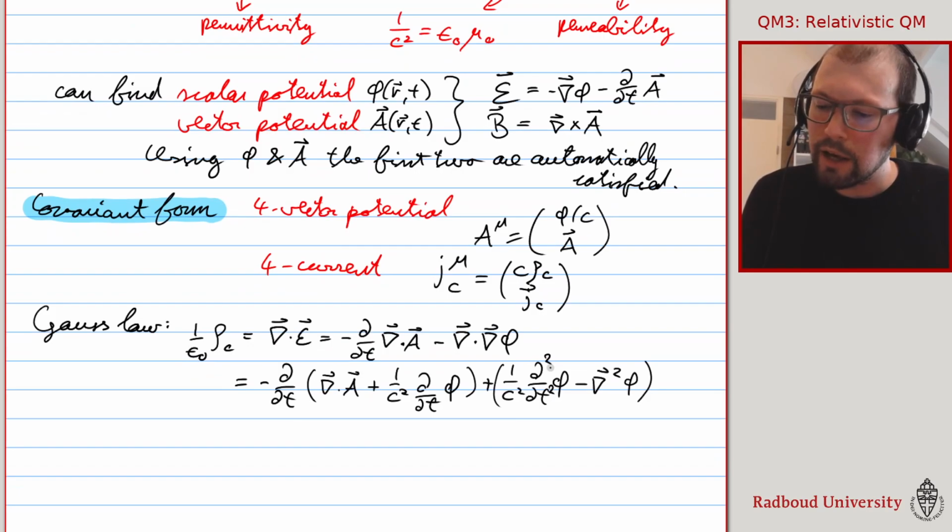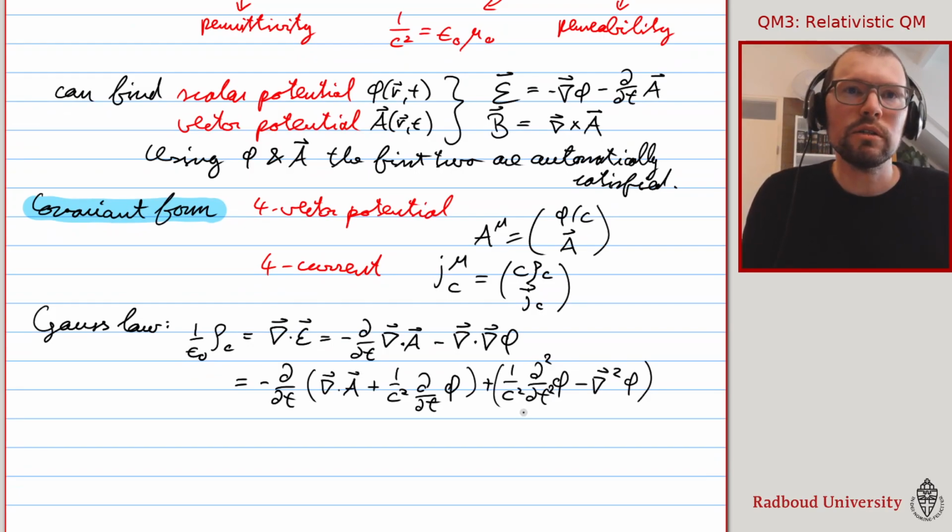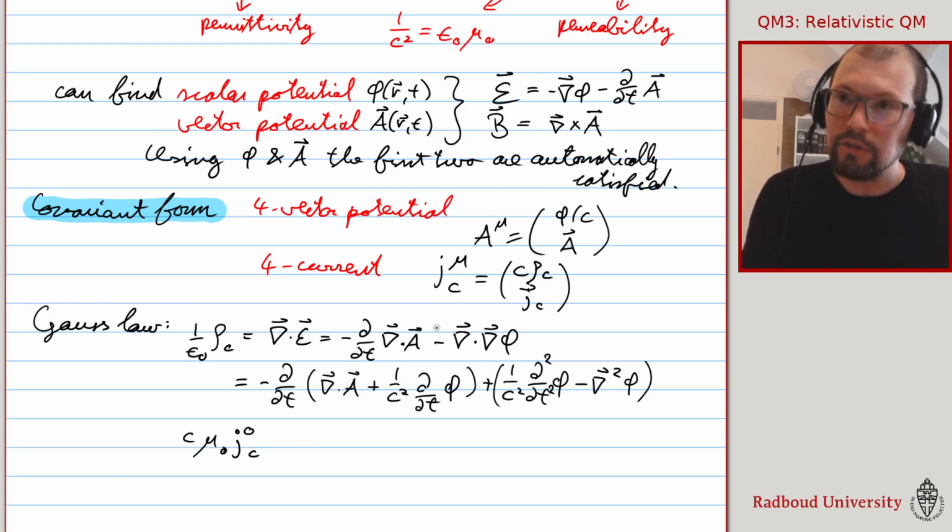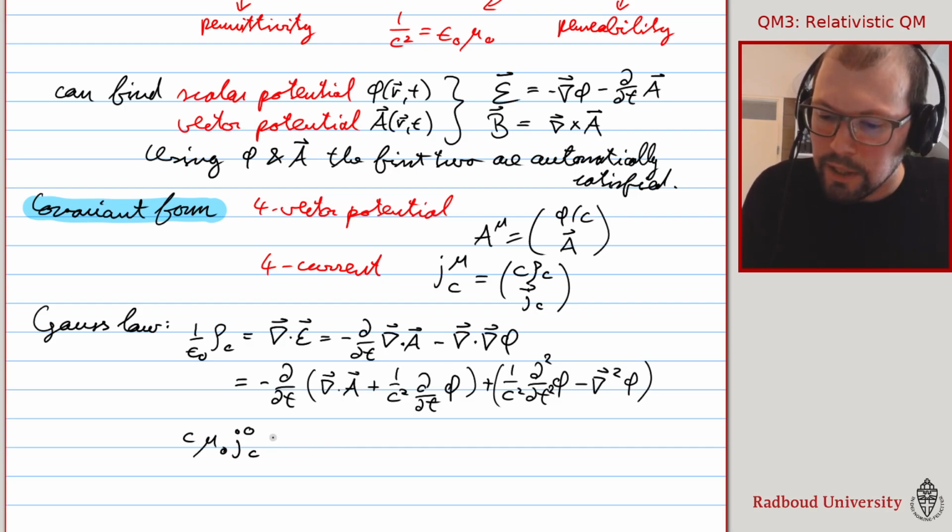Then we have two terms that look a lot more covariant already, because if I now just write this in index notation, this is just the zeroth component of the four-current. I have to compensate with an extra c, well, okay, I'm dividing by an extra c.